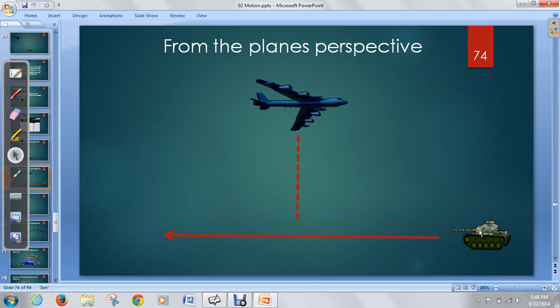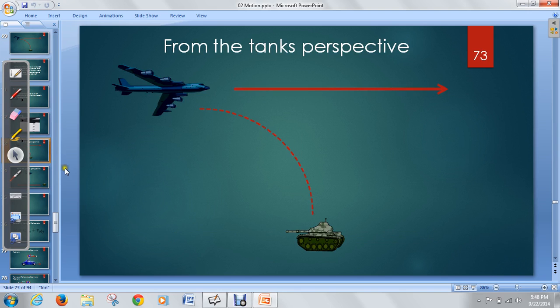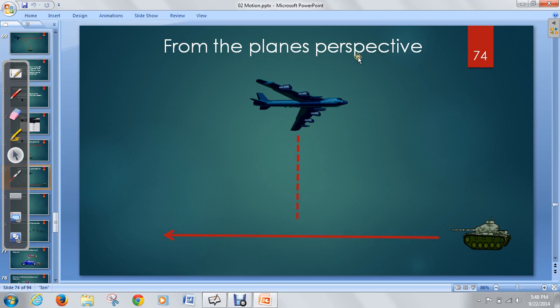And from their angle, it looks like the ground is moving, or the artillery is moving towards them, and so they are just timing when it's going to hit. So there's this perspective from the tank or our angle, and there's the plane's perspective, which is why we always see them going straight down in the movies. Because they have a different frame of reference. They see the velocity differently because of where they're at.